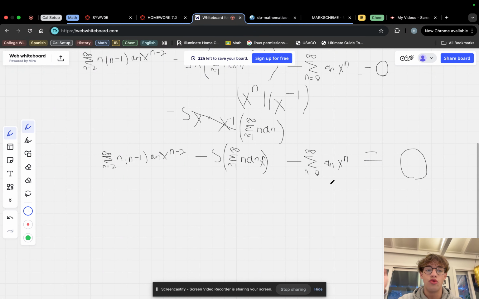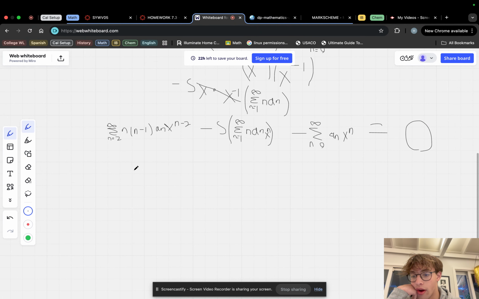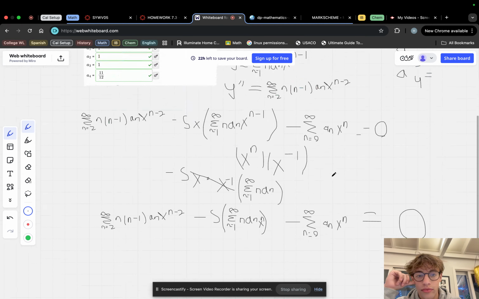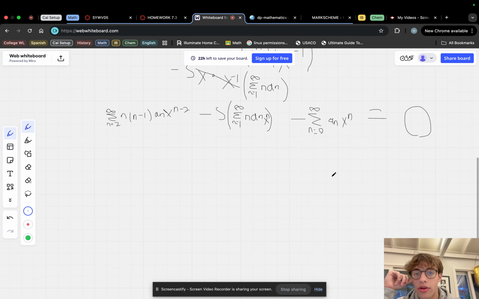Alrighty. So now we have to re-index, so we can make everything work. For this, we've got to get everything to have x to the n plus 2.